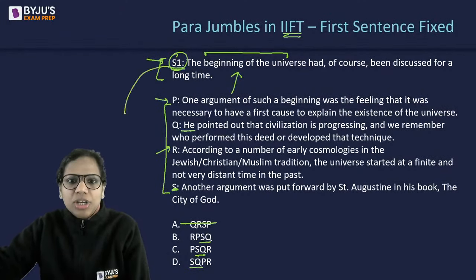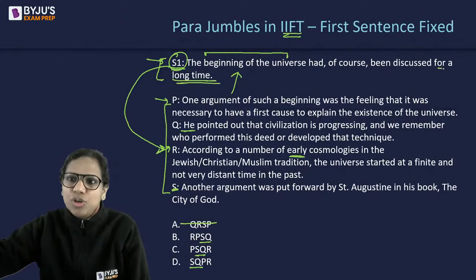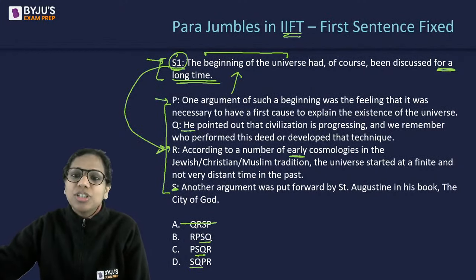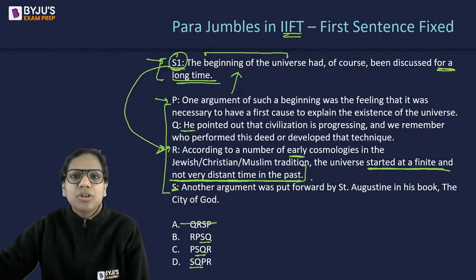Now, elaborating this discussion, according to a number of early cosmologies in the Jewish or Christian or Muslim tradition, the universe started at a finite and not very distant time in the past. So this is what people believed about the beginning of the universe, that it started at a finite and not very distant time in the past.